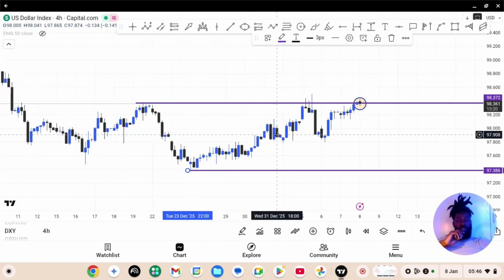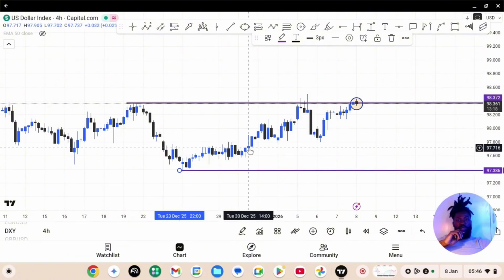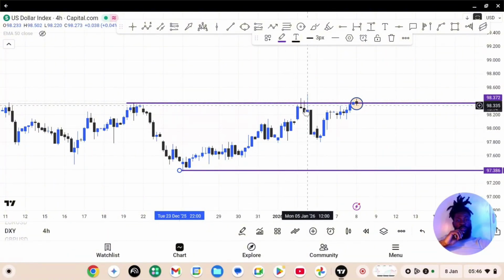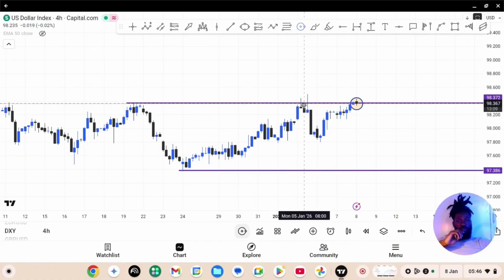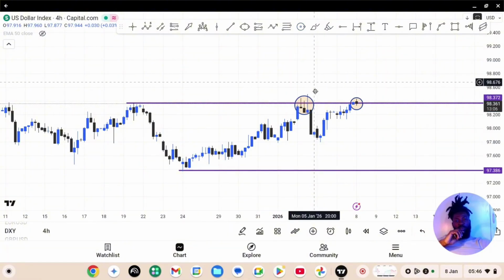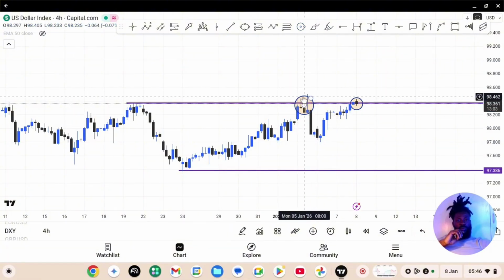What I'm watching is when the market gets to our resistance level again, I'll be looking out for what the market will be doing. Let's watch what this market did here. When it goes to this place, look at this reaction. We have multiple rejections before blasting downward with a massive bearish engulfing.